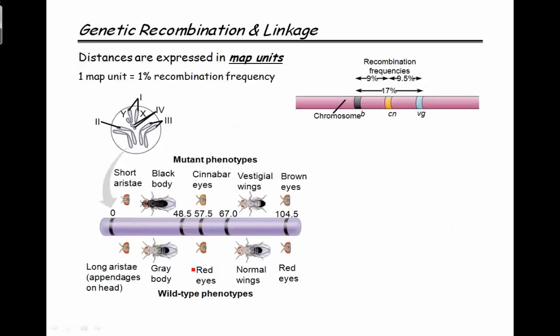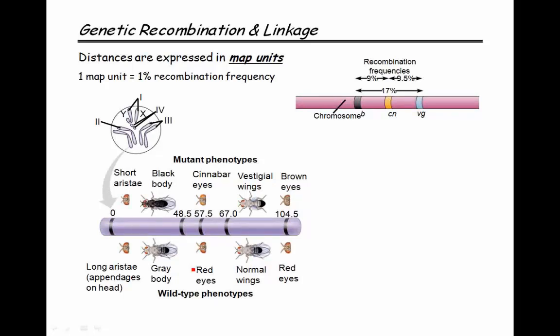Now, just to get an example, here at the bottom we've got what would be considered a linkage map. So we've got 5 different genes located on this chromosome, and we're seeing where those genes are located. We can see which ones are a little closer together than the others. And what we've done with our recombination frequencies is we've taken the percentage out and expressed the distances in what we call map units.